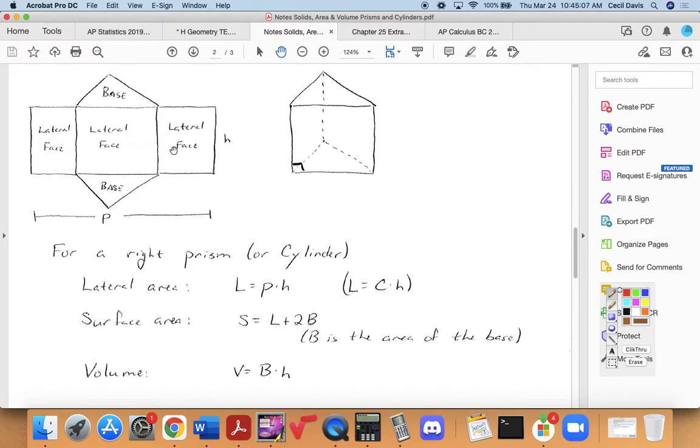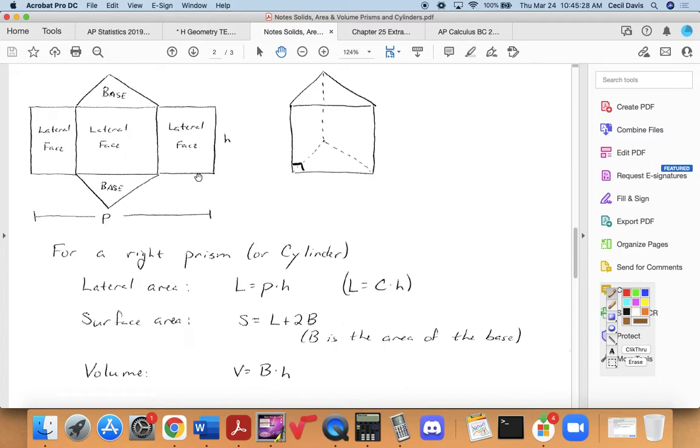So notice in this case, it was a triangular prism, and I had these 3 lateral faces. Sort of like on the homework problem last night, where you were doing the triangles, and you could do them all individually, but you could also do it all at once. That's the same idea here.